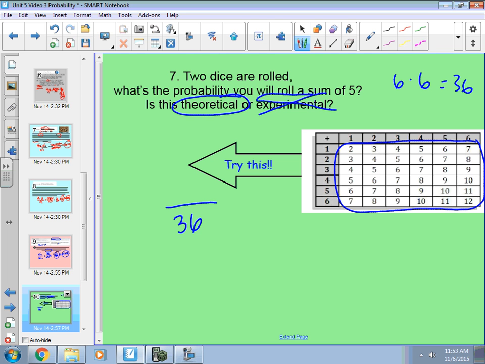How many of them add up to 5? Well, a 4 and a 1, a 2 and a 3. If we flip it around so that the other die has the 2, the other die has the 3, and again, flipping around 4 and 1, there are 4 of the 36 outcomes that have a sum of 5. So this would be 4 out of 36, or that's the same as a 1 out of 9 chance that this happens.